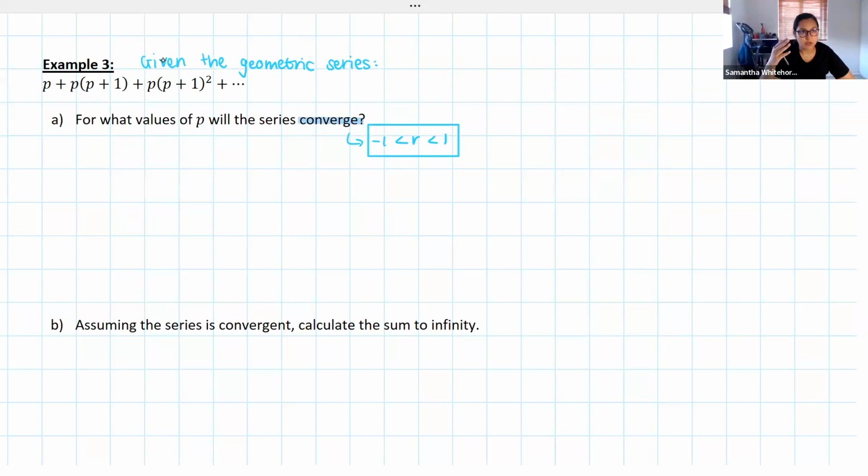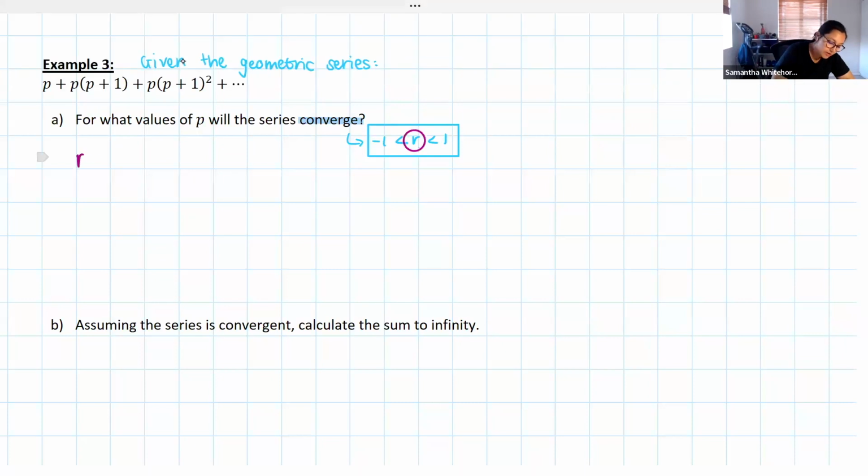So essentially what I need to do is work out what R is and then sub it into the inequality and see what values P needs to be. First thing we need is to know what R is.